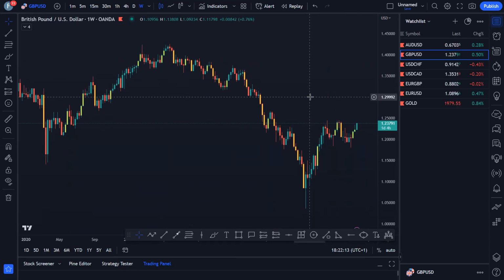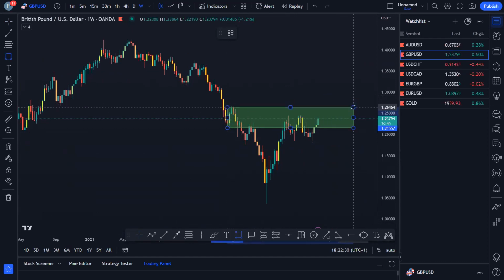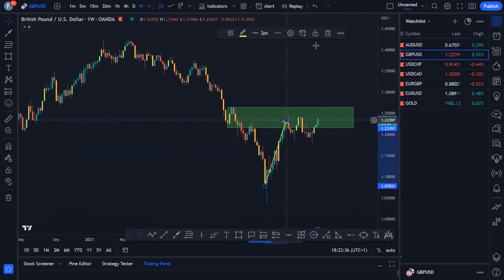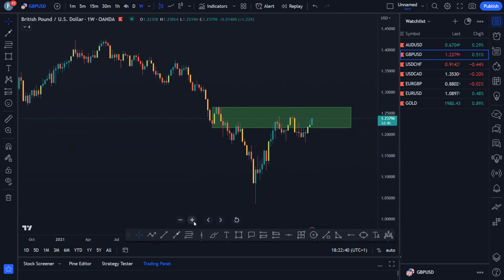I can remember multiple times we've looked at GBP USD on the weekly time frame, and I can remember telling us that over here price is in a downtrend. Price is currently reacting to this supply range here. And then what are we saying? Price is currently retracing into the supply, and we have equal highs here.